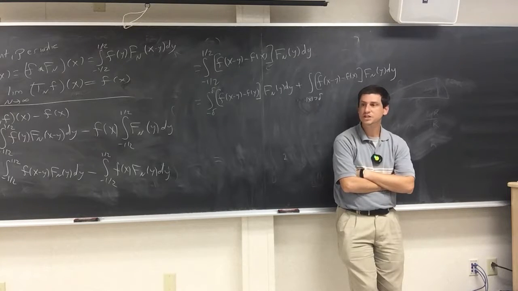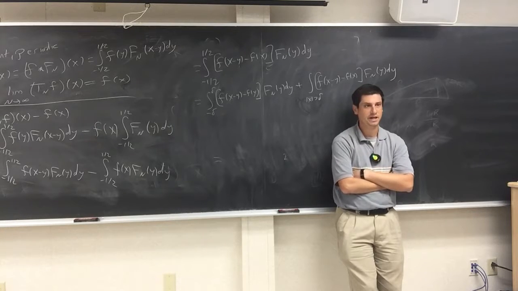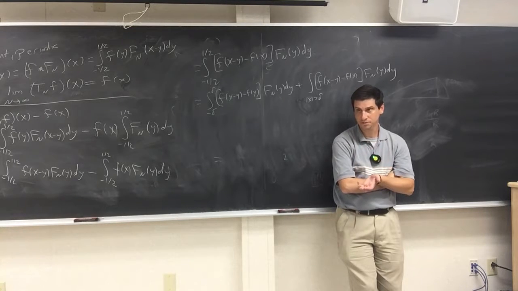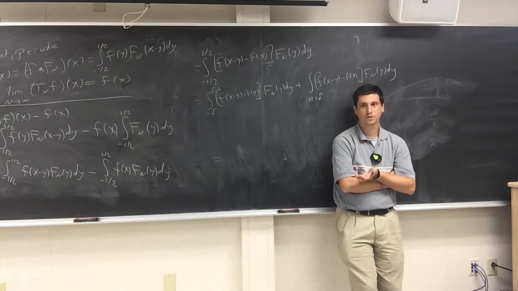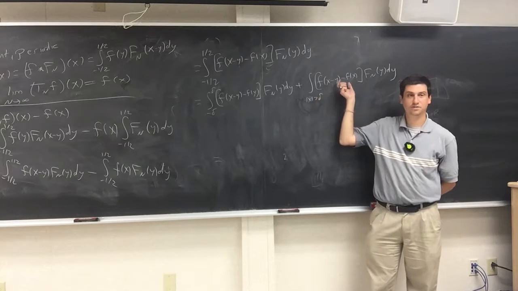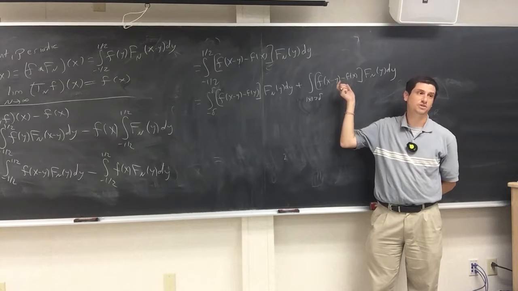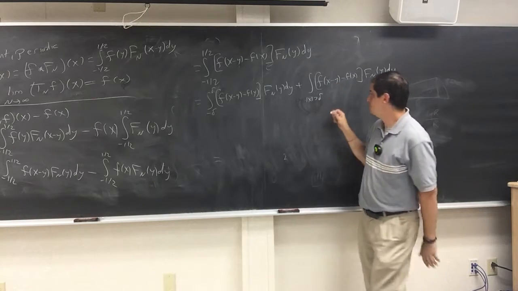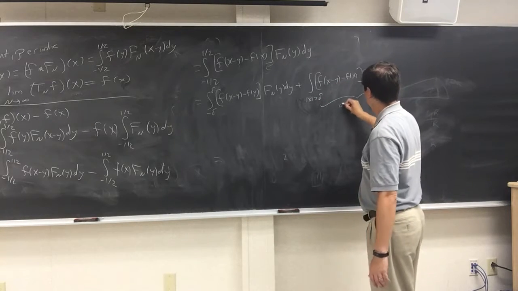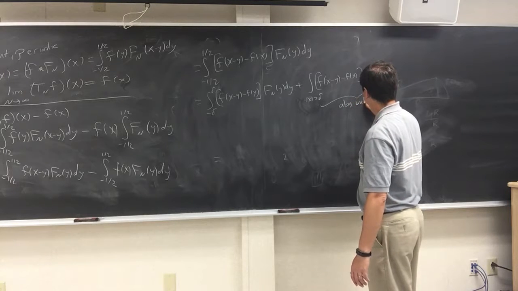So if you know you have a continuous function on minus a half to a half, what do you know about it? It takes a maximum value. So if it takes a maximum value, it also takes a minimum value. The function is bounded. So what can you tell me about this difference? It's bounded. So let's look at the absolute value.